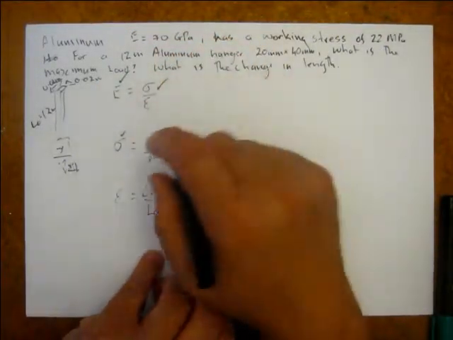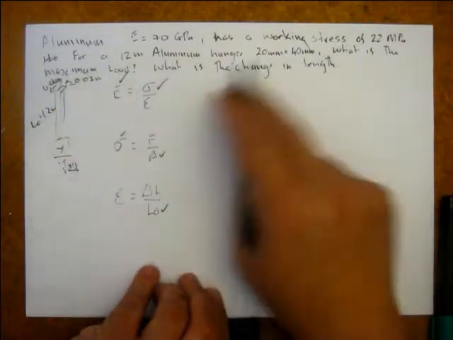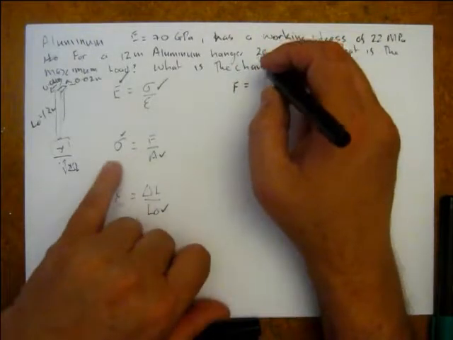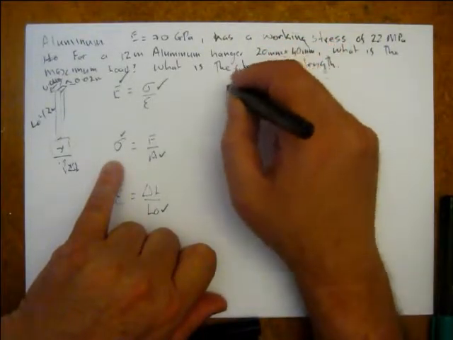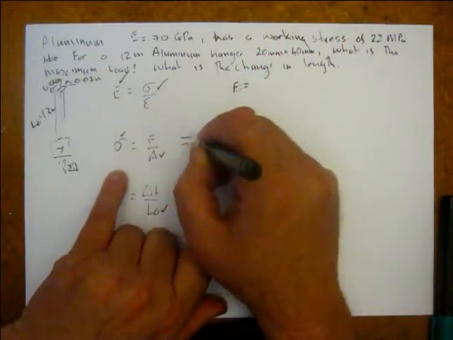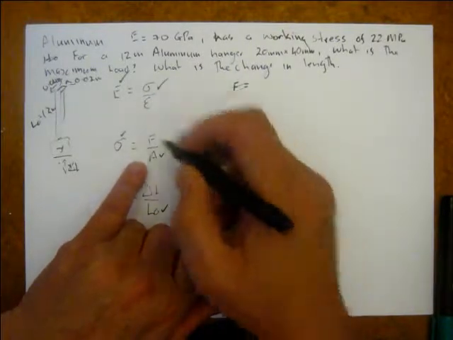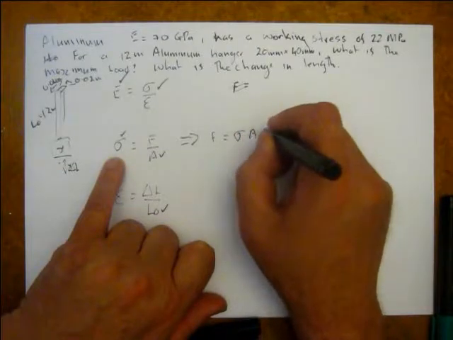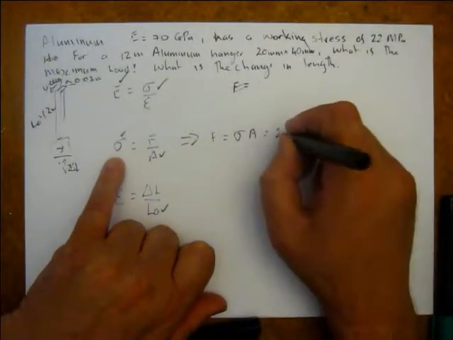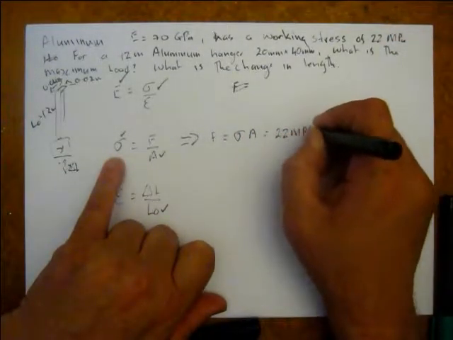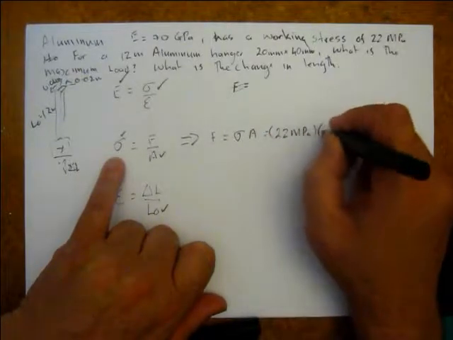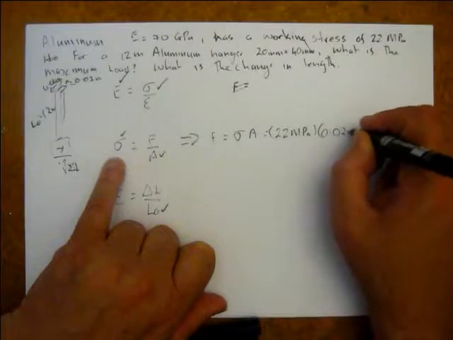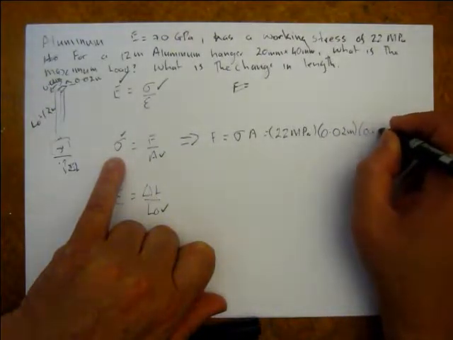So let's rearrange this for strain. Actually, let's start here. What's the maximum load? So force is going to equal, let's just rearrange this equation. Force is equal to stress times the area, which is equal to 22 megapascals times the area of that's going to be 0.02 meters times, because this is actually a rectangle bar.